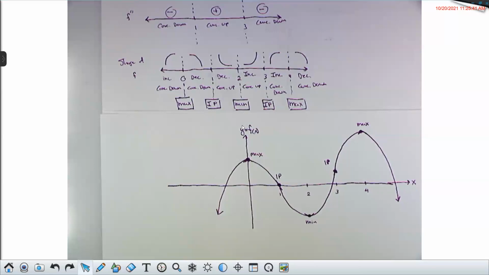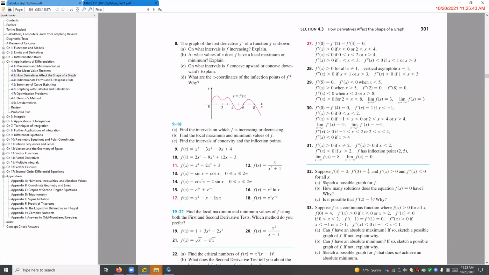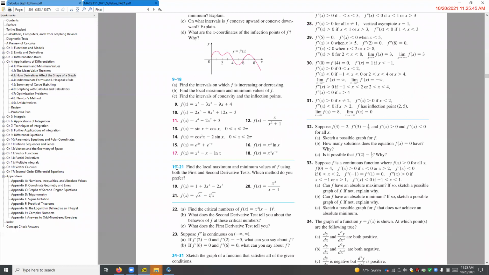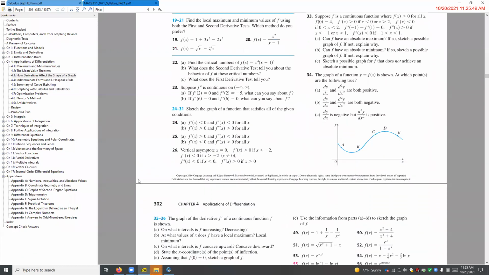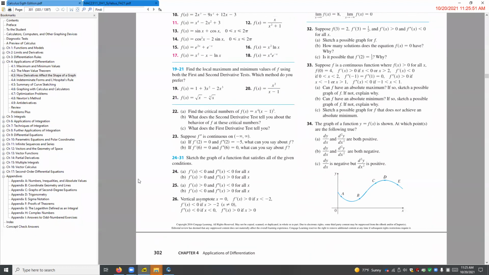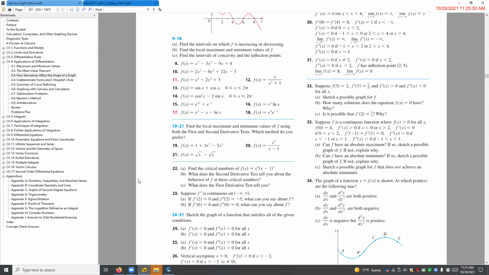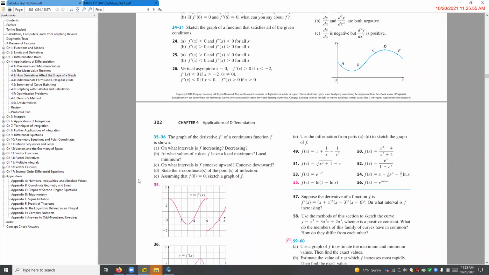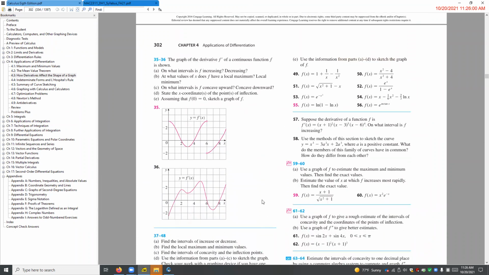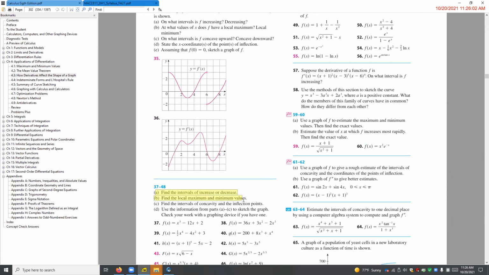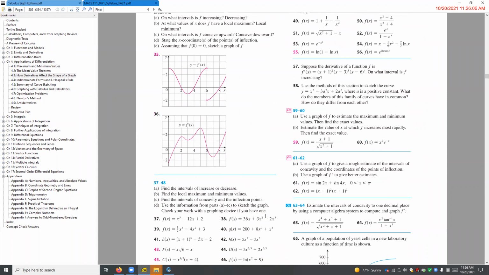Okay. I'm going to do one more from this section where we're given an actual function. We're going to try to find everything and graph the thing. So, where were they? I saw a few of them. Down here. Yeah, use the information parts A through D to sketch the graph. So A through D here is find increase, decrease, mins and maxes, intervals of concavity, and then sketch the thing.